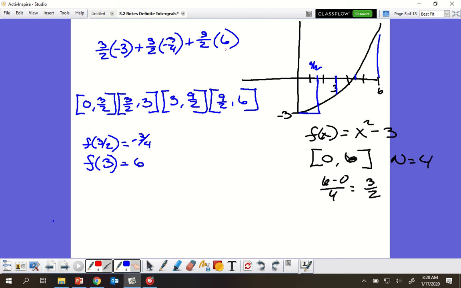And the next one. Left alignment, it's going to be 9/2, right? So f of 9 over 2. So that's 81 over 4, minus 12 over 4, is 69 over 4?